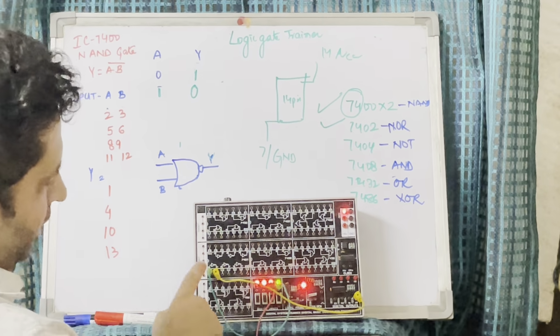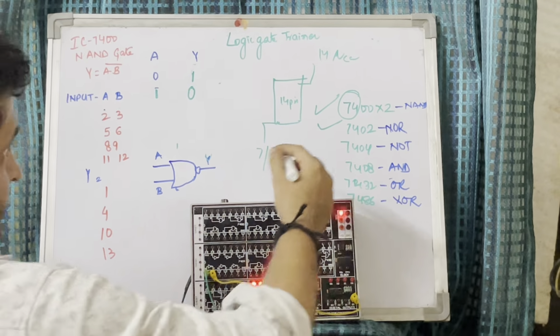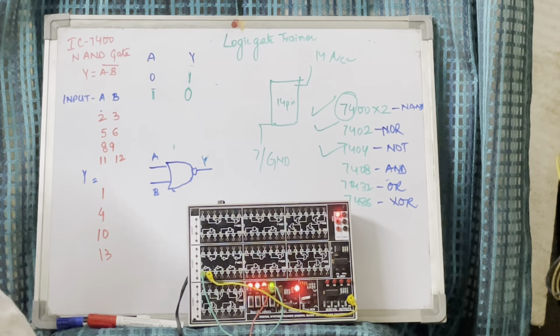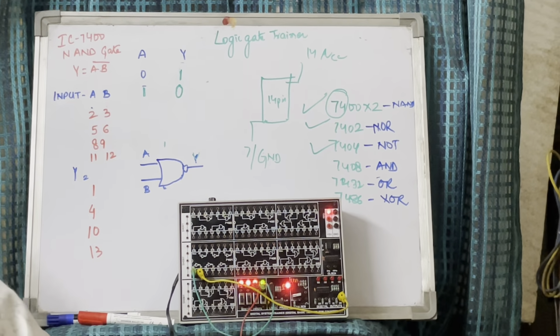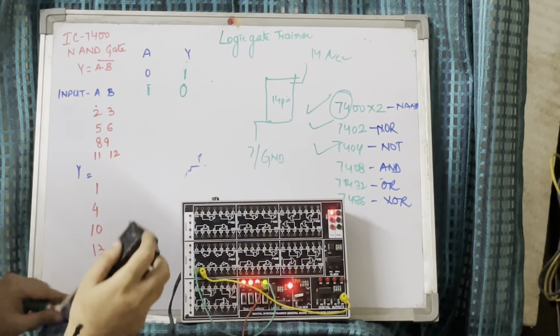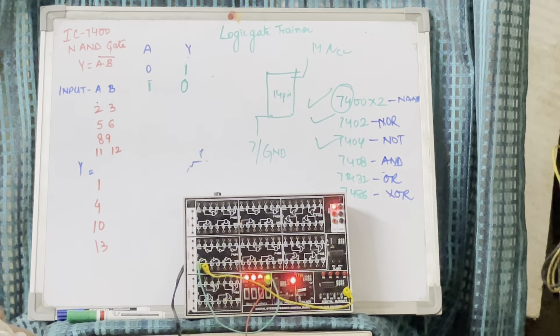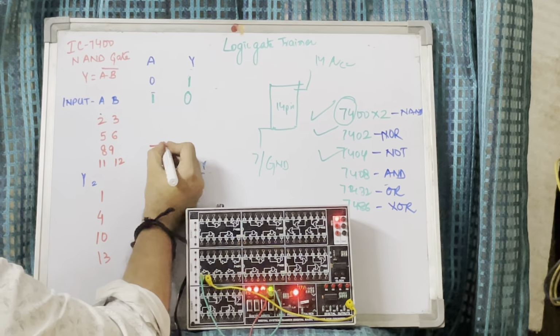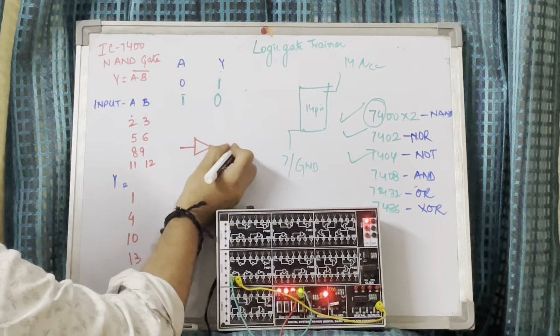So this is the working of another IC, that is 7404. Let me draw the logical symbol. The symbol for a NOT gate is this.